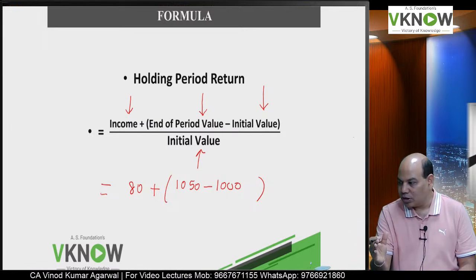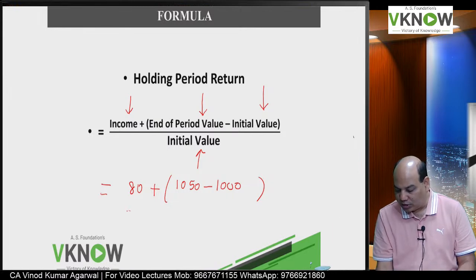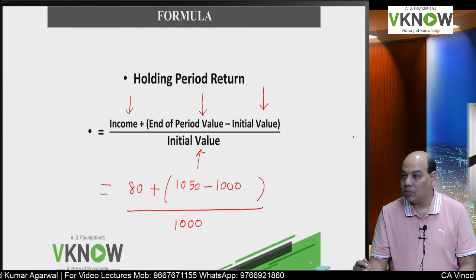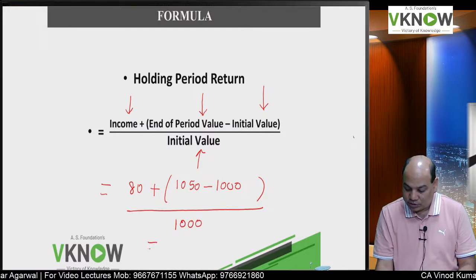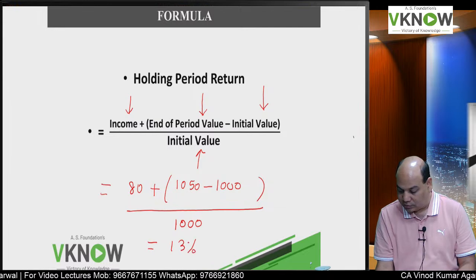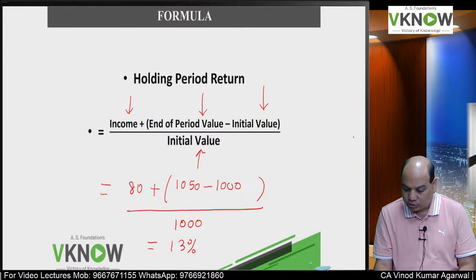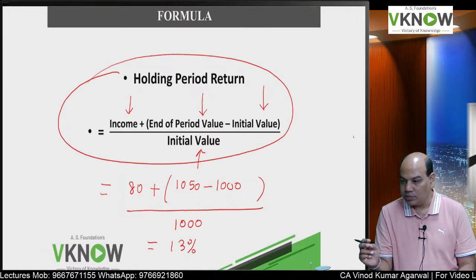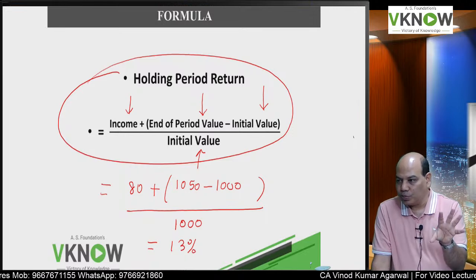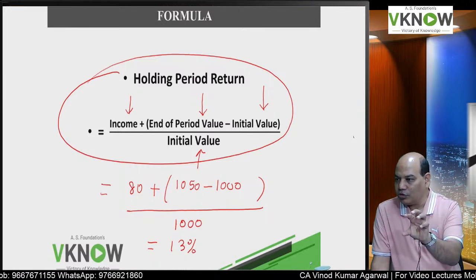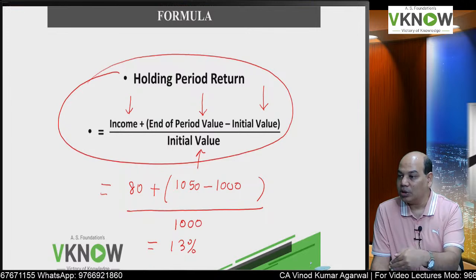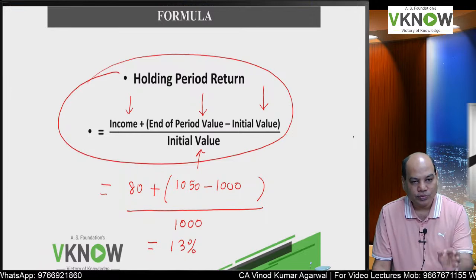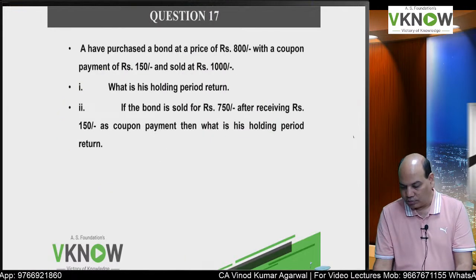So coupon income plus capital gain together is your total return, and divide by the amount you invested, 1000, and hence the answer is 13%. There is no need to remember the formula. It is the income from coupon and capital gain or loss on the bond divided by the initial value, and that gives you the return on the bond.